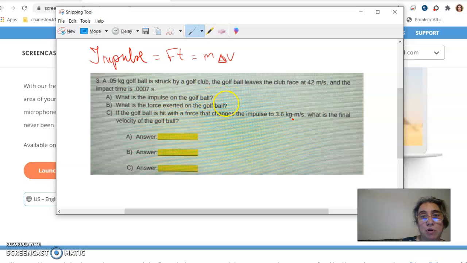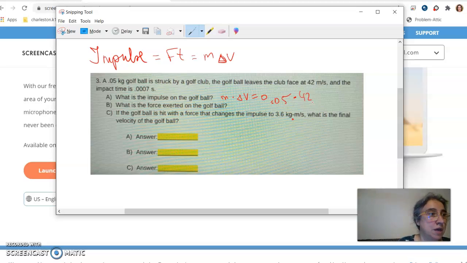For part A, the impulse equals m times delta v, which is the mass, 0.05 kilograms, times the difference in velocity, which is 42.